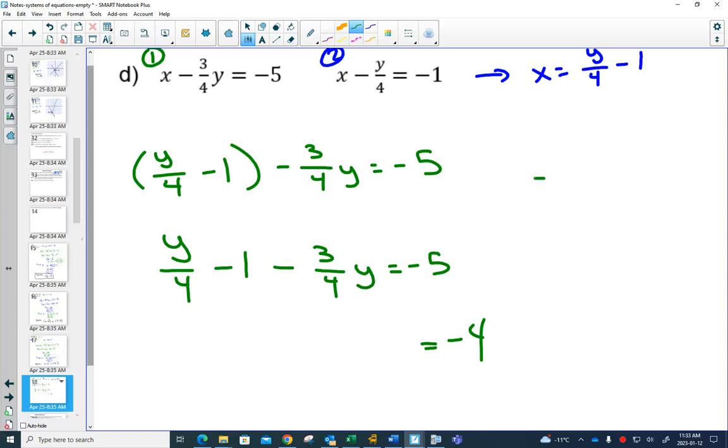Does that make sense to you, that -3/4 y is the same as -3/4 times y over 1, which is equal to -3y all over 4? We have to know our fraction rules really well because we're going to be manipulating things in algebra. So does it make sense that -3/4 y is the same as -3y over 4?